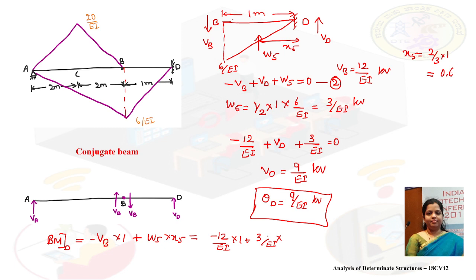Substituting the value of X5 as 0.67 meter, we will get 10 by EI. Therefore, deflection at D is equal to 10 by EI kilonewton meter.